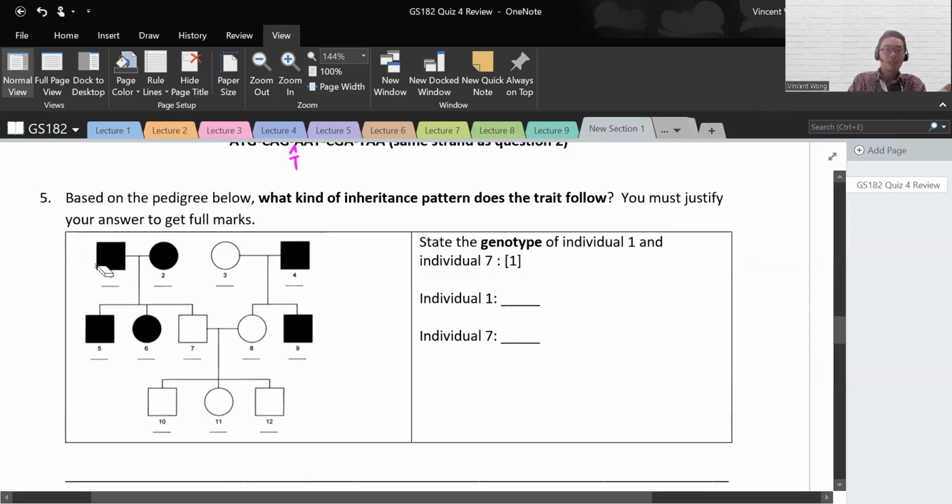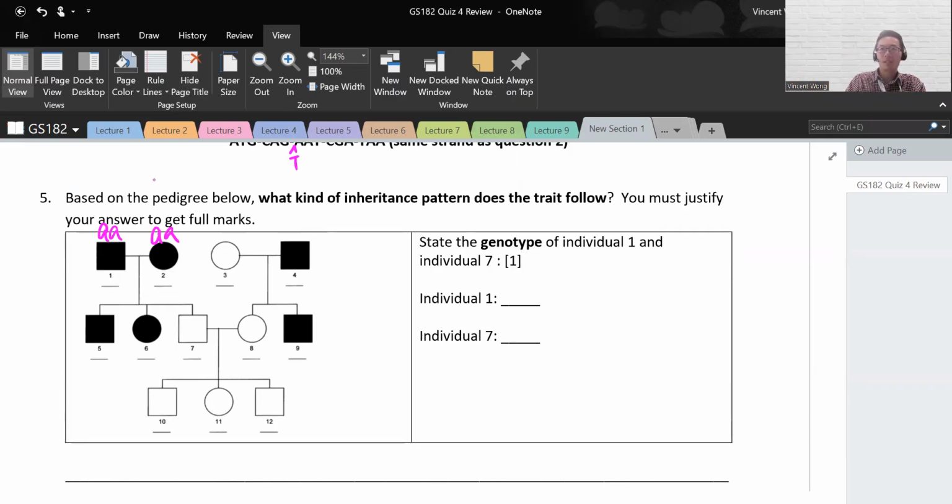So this person, individual number 1, has the trait. If we are assuming that this trait is recessive, then again, the genotype must be little a, and his spouse also will be little a. So if both parents are little a, and you do the Punnett square, 100% of their kids would also be little a, right?